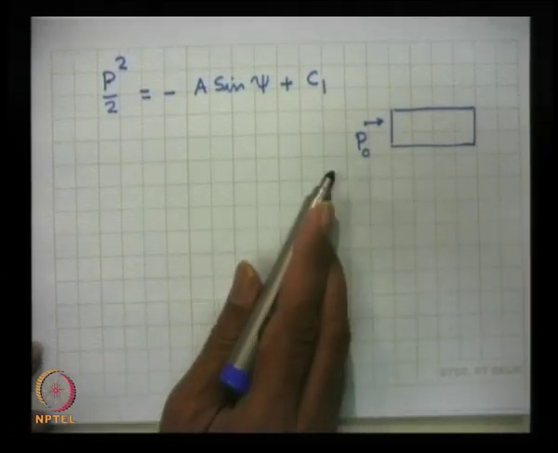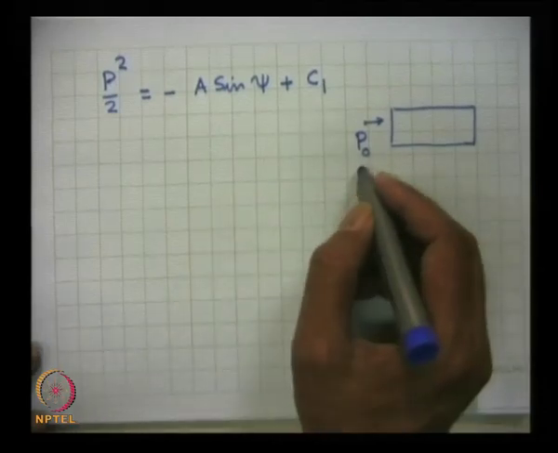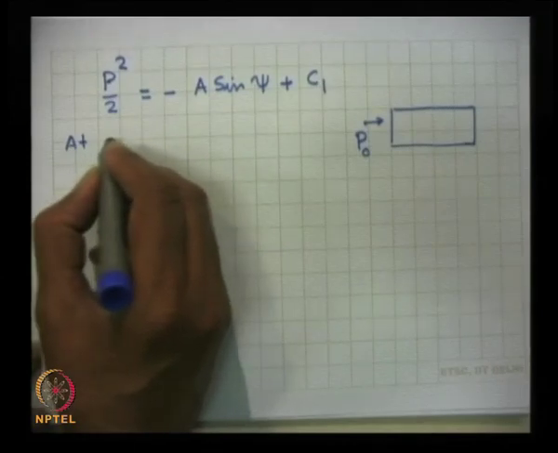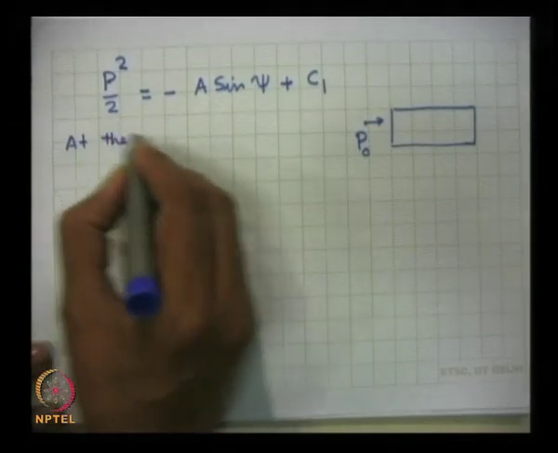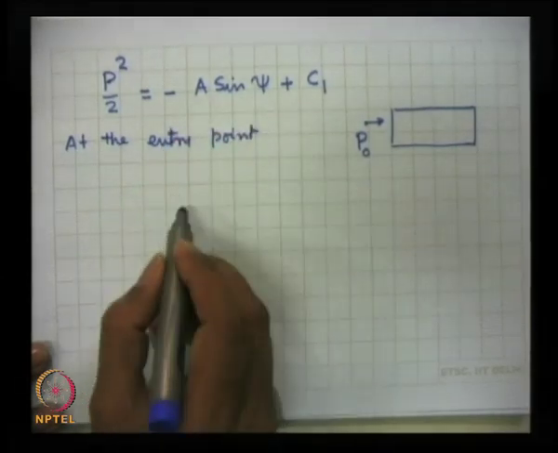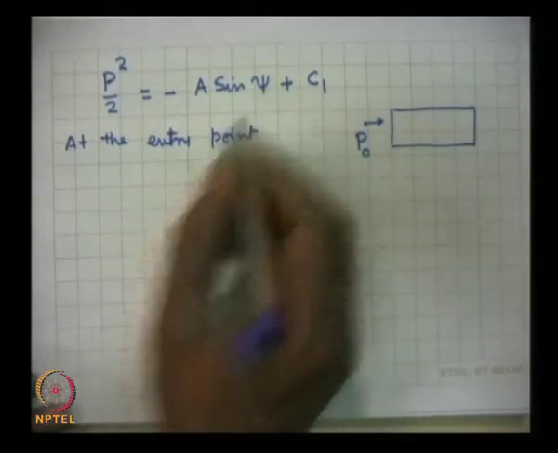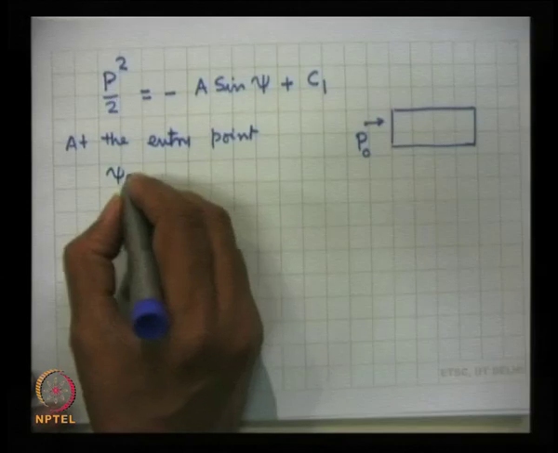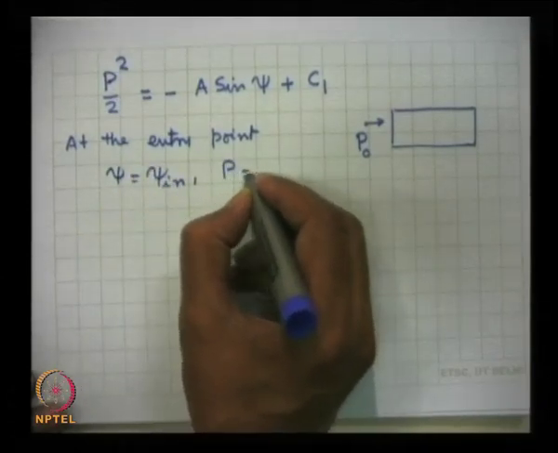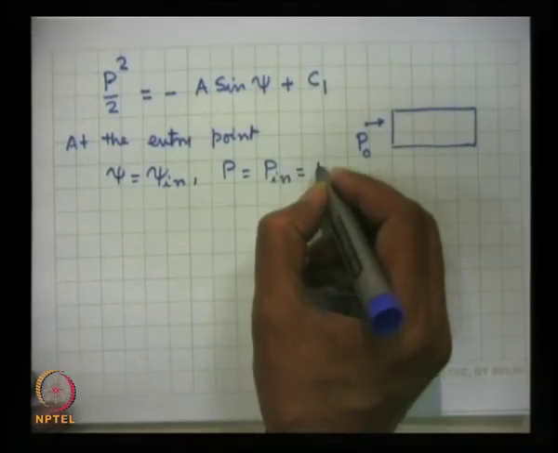So, if I consider P equal to P0 as the initial value, and suppose at the entry point, when an electron arrives at a certain time, the phase of the wave, the ponderomotive wave, is psi in, and initial momentum, initial energy, is equal to P0.